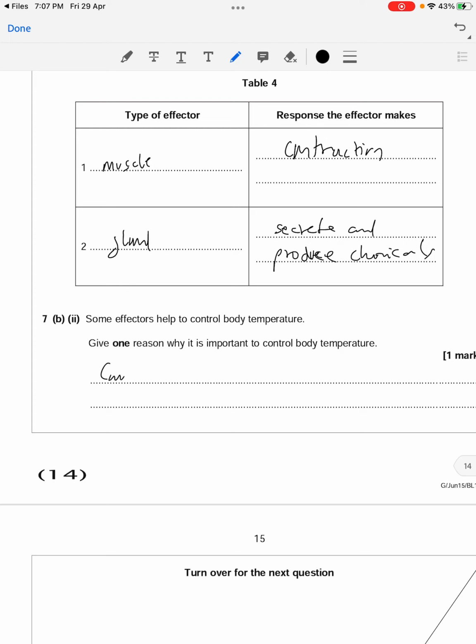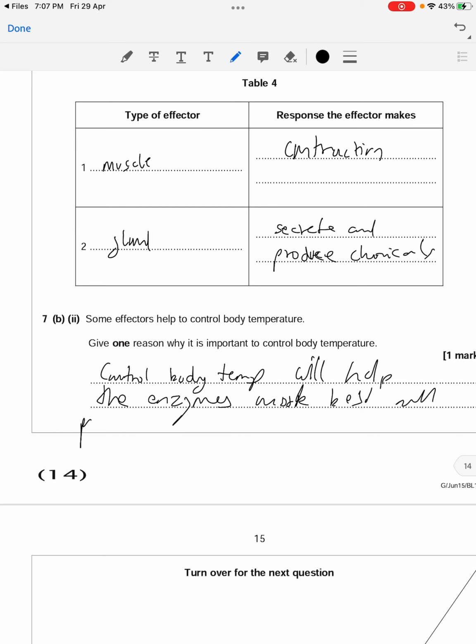So controlling body temperature will help the enzymes work best, and prevent damage to the enzymes without them being destroyed by overheating.